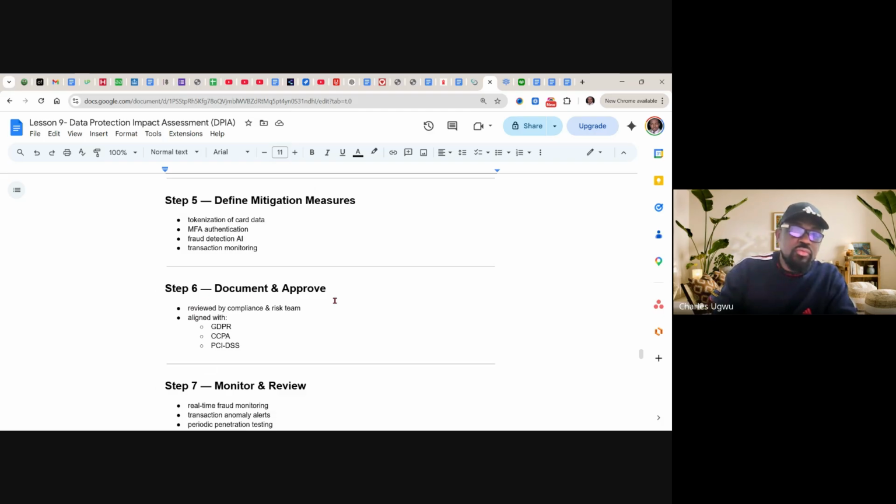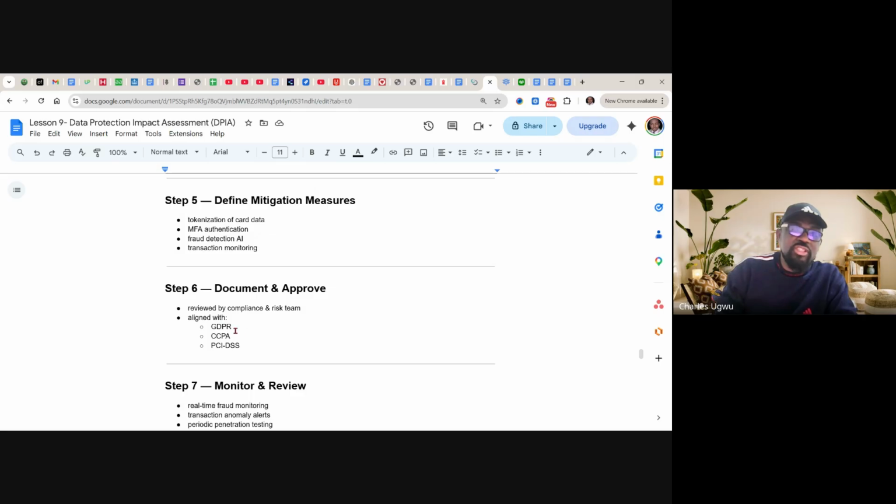After this, we document and approve. It has to be reviewed by the compliance and risk team in conjunction with the following laws: GDPR, CCPA, PCI DSS. So these are the approvals. The review and approval make sure that it is in accordance with these laws.